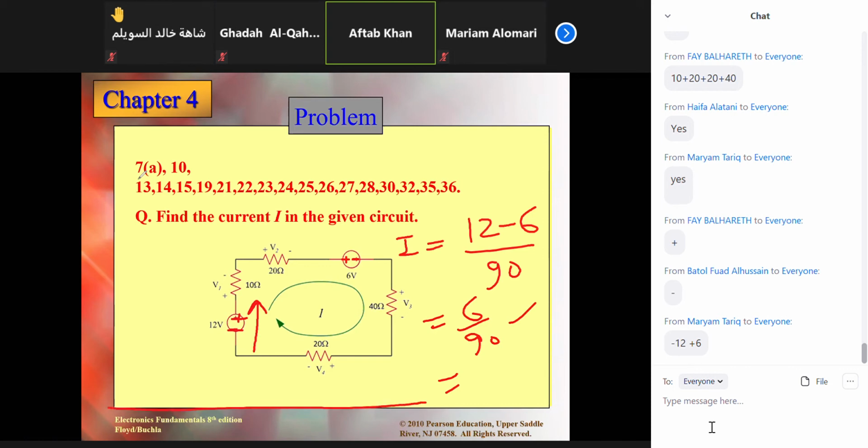That is the main straight point rather than these shortcuts. These are shortcuts. I don't like this one. For me, just apply the loop method, which is just applying KVL, Kirchhoff voltage law, and you see that we get it the same way.